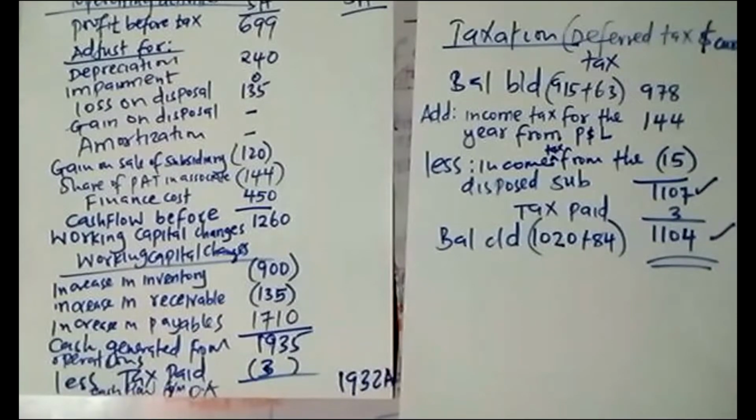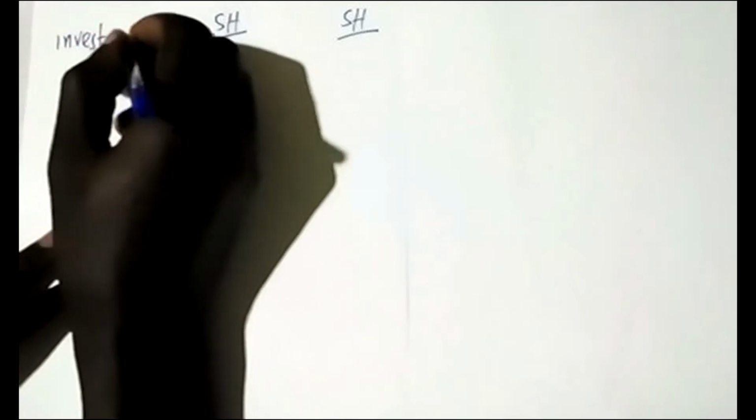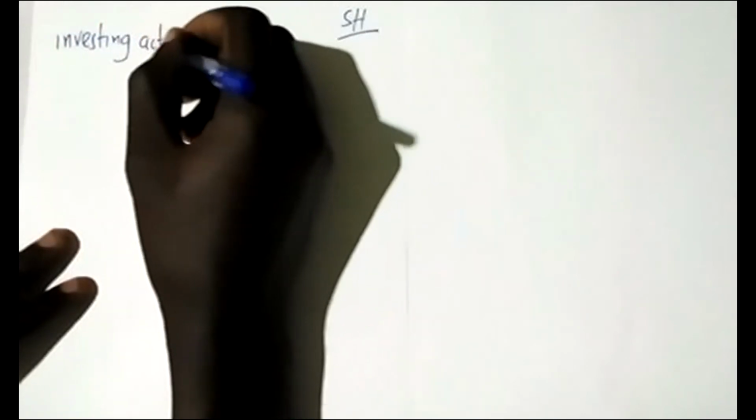So after we are done with operating activities, the next part we are supposed to move to is called investing activities. Under investing activities, we talk about some few items there.